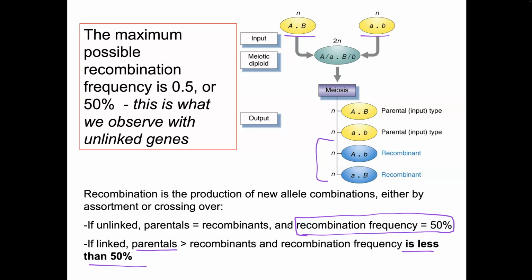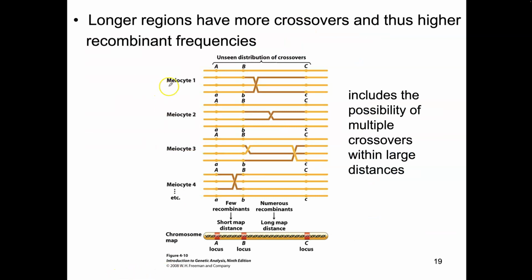It could be unlinked genes and just a little bit of variation in the numbers, or it could be genes that are quite far apart but on the same chromosome. But if we see 10% recombination, like we did with purple and vestigial, 10 or 11%, then that's the evidence we use to show that the genes are on the same chromosome. And the further apart two genes are, the more likely it is that there is going to be recombination.